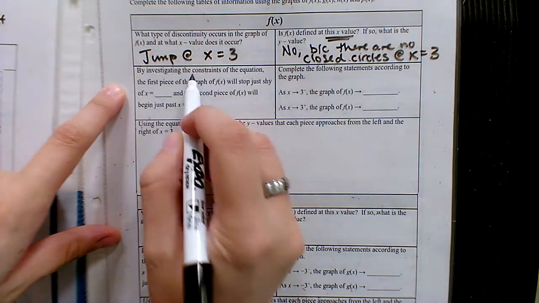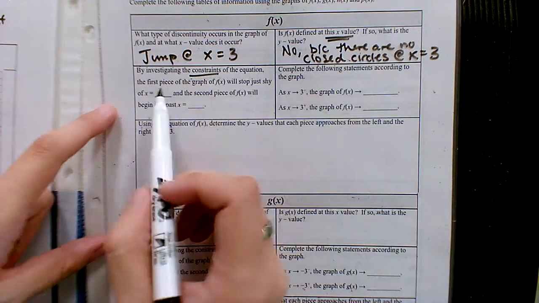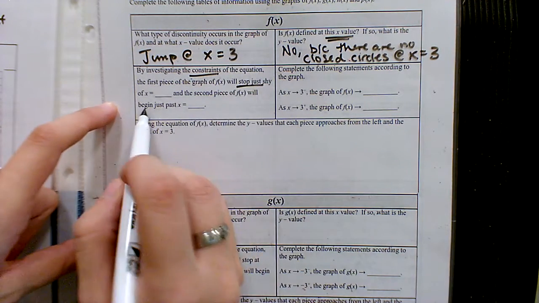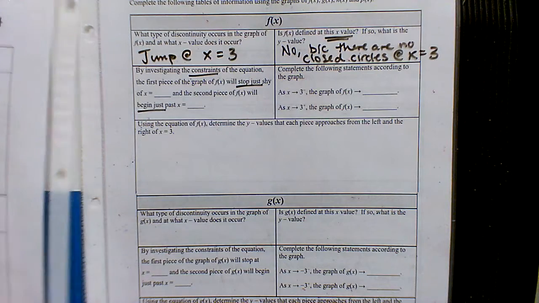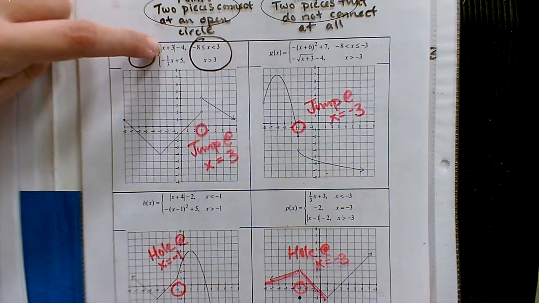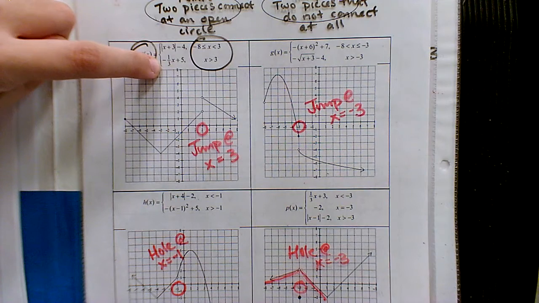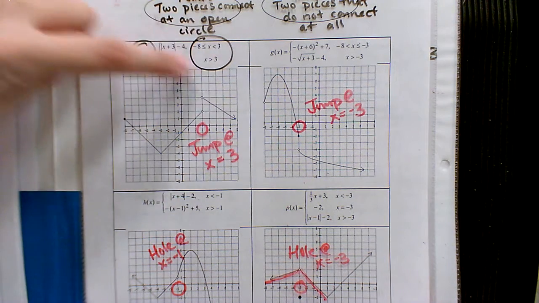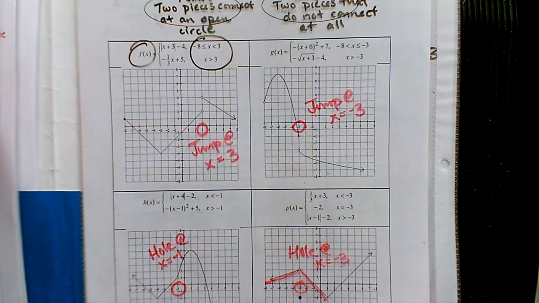By investigating the constraints or the domains, the first piece of the graph just stops shy of what value, and the second piece begins at what value? Okay, so graphically speaking, where does the first equation end and where does the second one begin? Can you tell based off of the domain values? Or maybe looking at the graph.